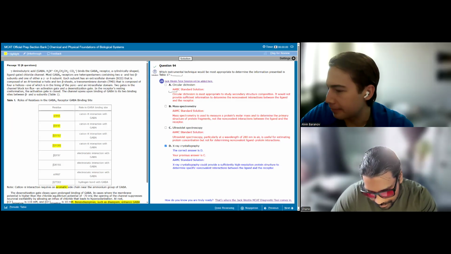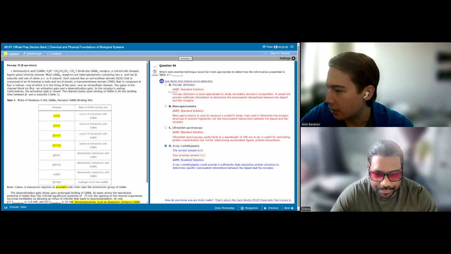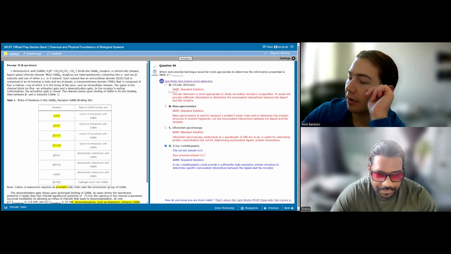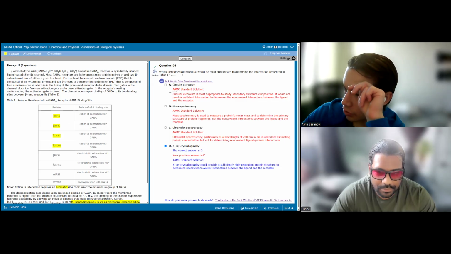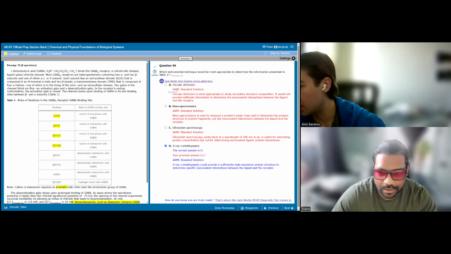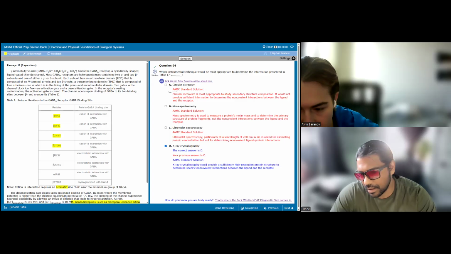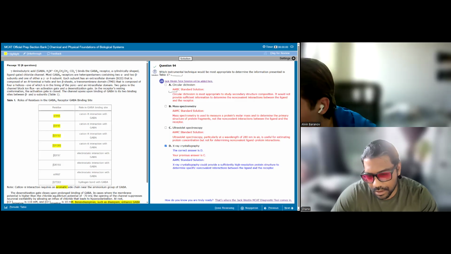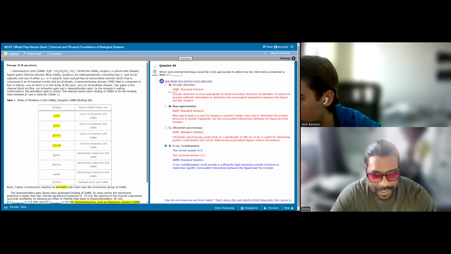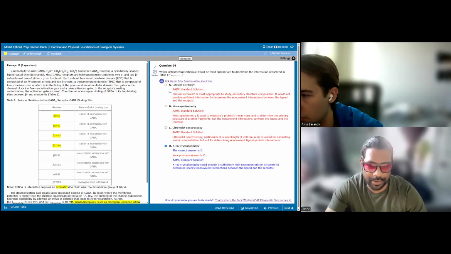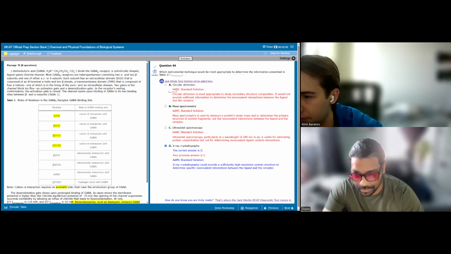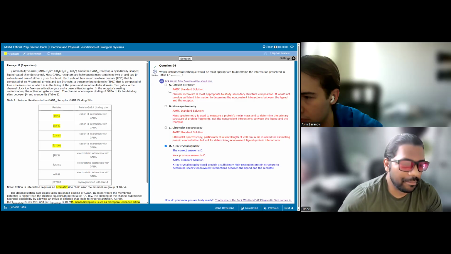Okay. X-ray crystallography provides a high resolution tertiary structure and allows researchers to see interactions between ligand and receptor. So I would just say three-dimensional. Tertiary happens to be three-dimensional, so that works.